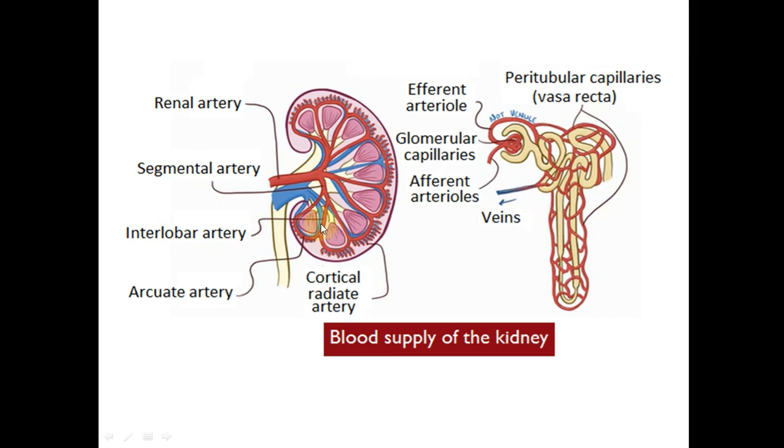As I said, the renal lobe consists of the pyramid with the overlying cortical zone, and the interlobar arteries finally divide to form the arcuate arteries that run along the base of the pyramids, and they divide into the cortical radiate artery branches, and finally the afferent arteriole enters the glomerulus and divides to form glomerular tufts of capillaries.